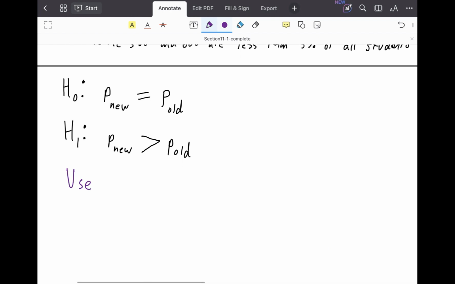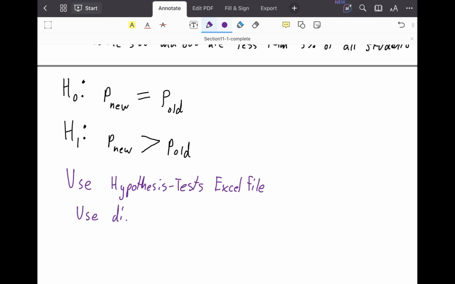Okay, now we're going to be using the hypothesis tests Excel file, and we're going to use the difference of proportions sheet.